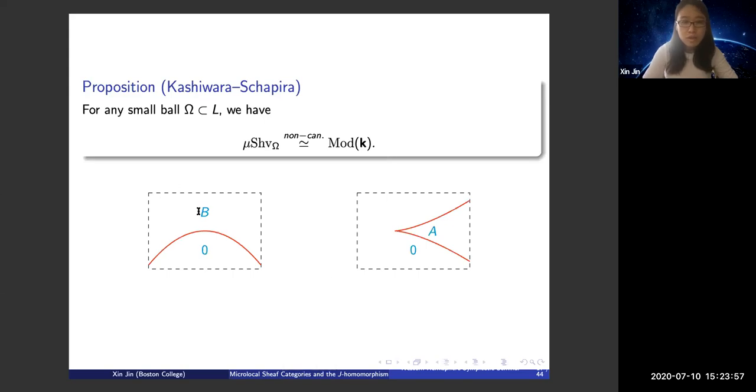So this is a picture of how you possibly assign a K-module to this musheaf of omega in these two pictures. Here you have a shriek pushforward of a constant sheaf, and here you have a cusp, so you do a star pushforward on the upper branch and a shriek pushforward on the lower branch.